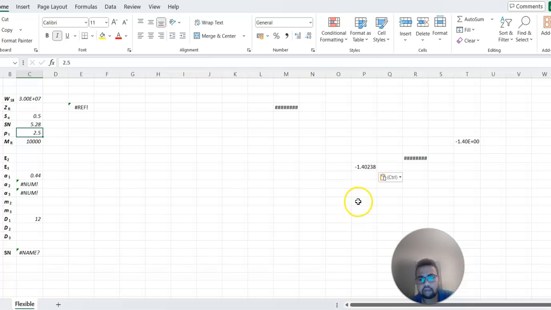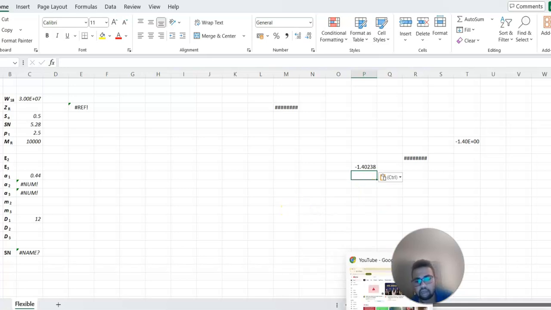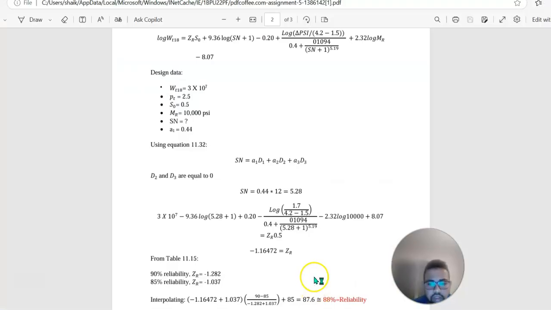By applying the formula, we are getting this value as minus. We are supposed to get a value that is equal to what you got over here.